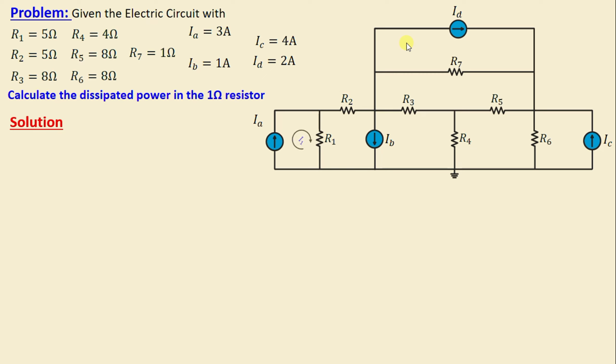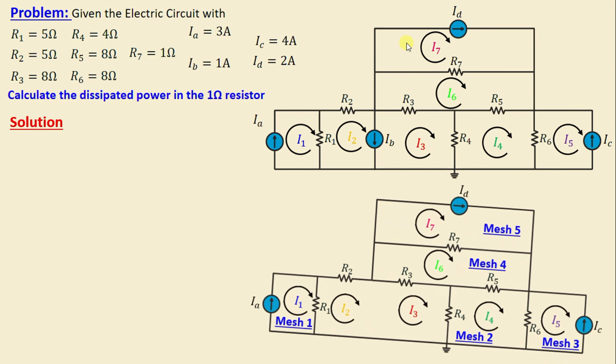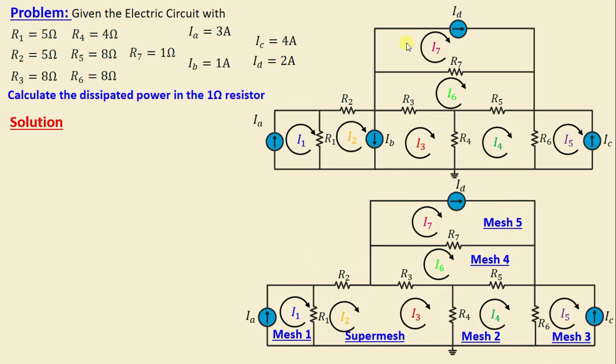I1 is the current in mesh 1, I2 is the current in mesh 2, I3 is the current in mesh 3, I4 is the current in mesh 4, I5 is the current in mesh 5, I6 is the current in mesh 6 and I7 is the current in mesh 7. After we finish the assignment of the mesh currents, we need to remove the branch that contains the current source IB. Then we obtain our supermesh.